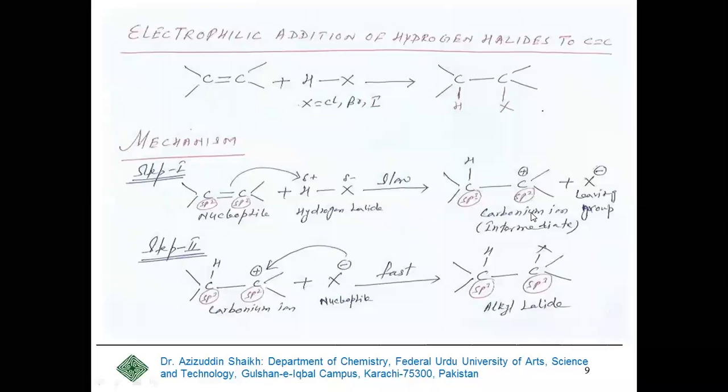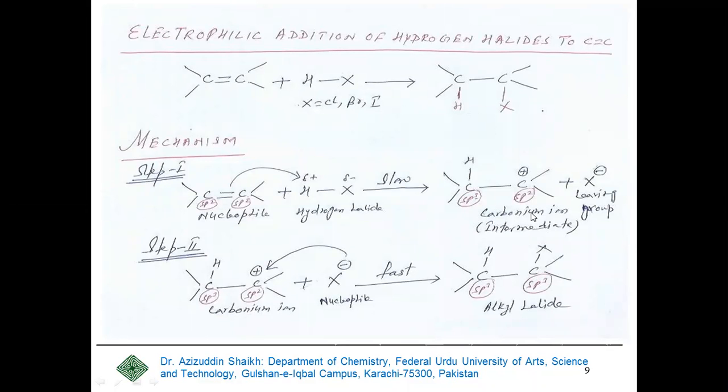You know that tertiary carbonium ions are more stable than secondary, secondary are more stable than primary, and primary are more stable than methyl. So the existence of carbonium ions depends upon their stability, nature and structure.